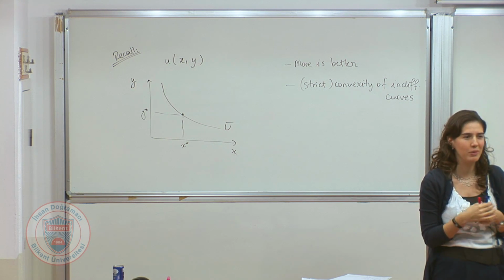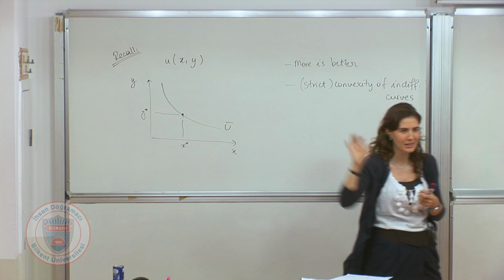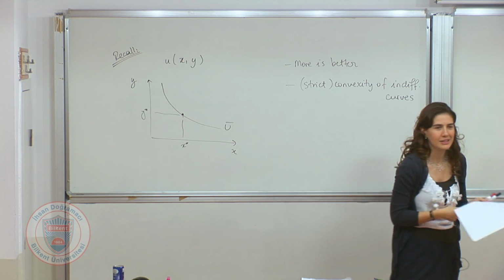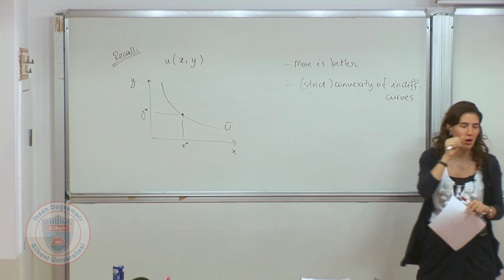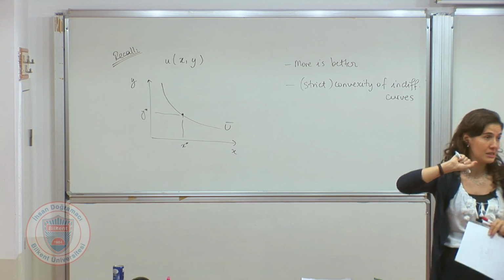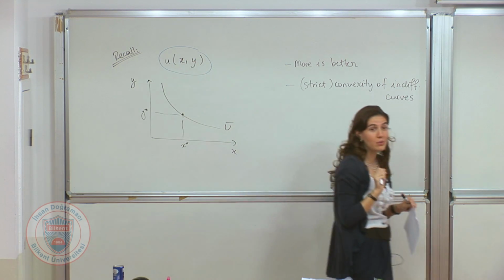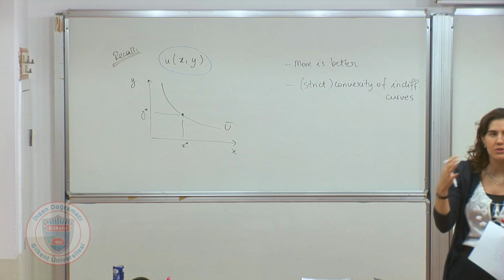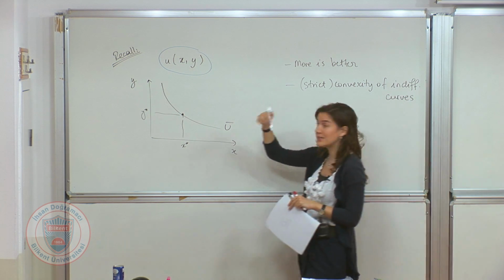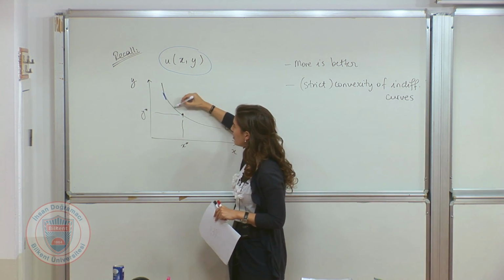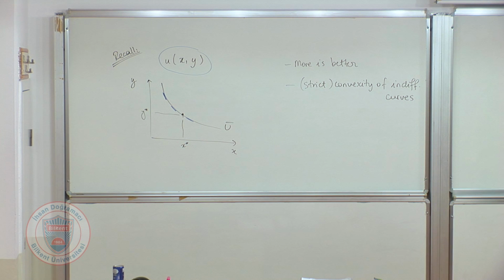To get these nicely shaped indifference curves, remember I wrote four things. This is about indifference curves, the level curves of this utility function. If I need to explain strict convexity of indifference curves to my grandma, one thing we observed is that the marginal rate of substitution was diminishing along this indifference curve as x increases.